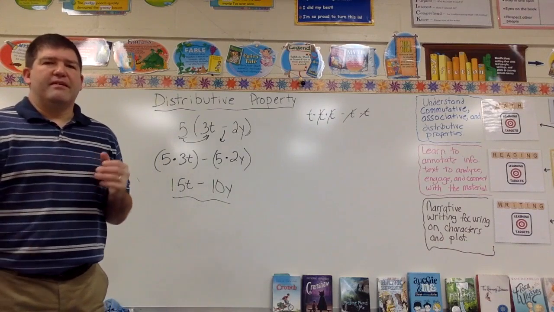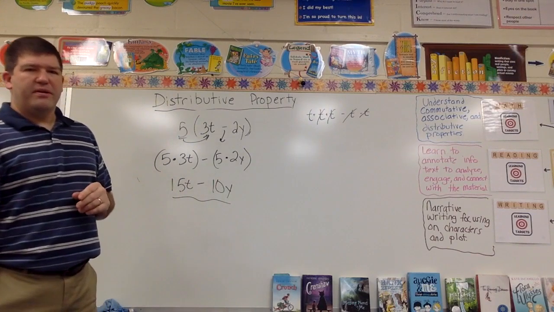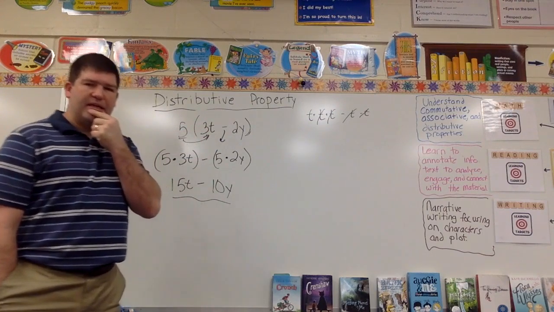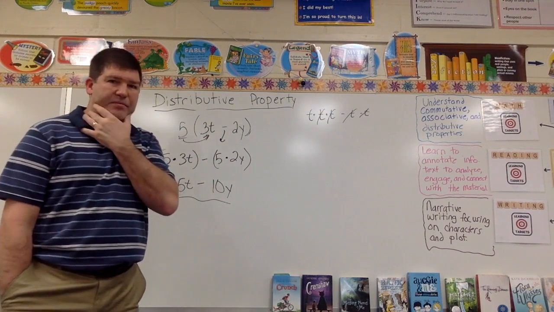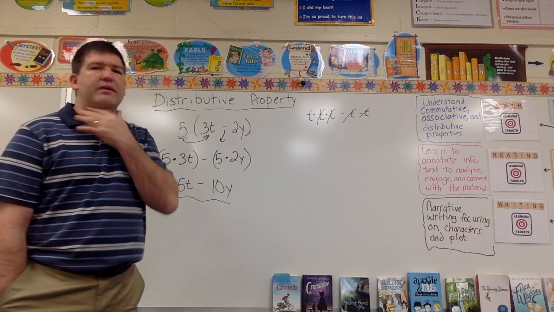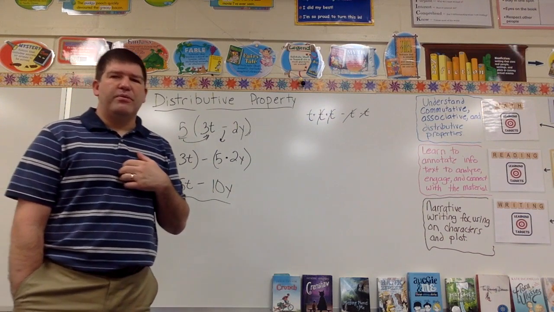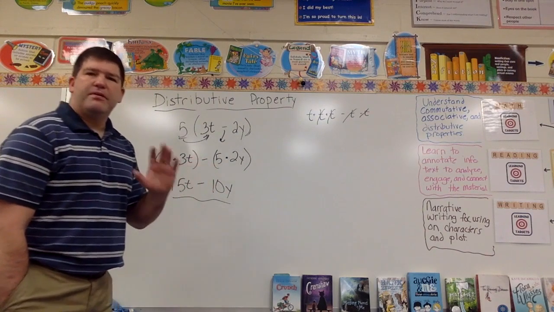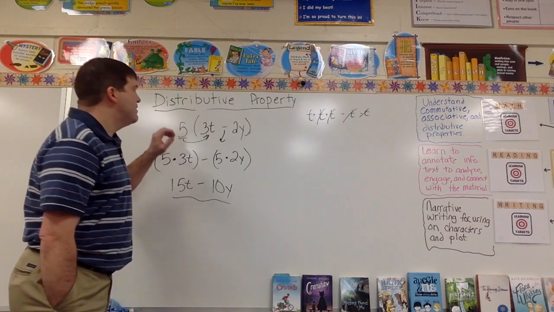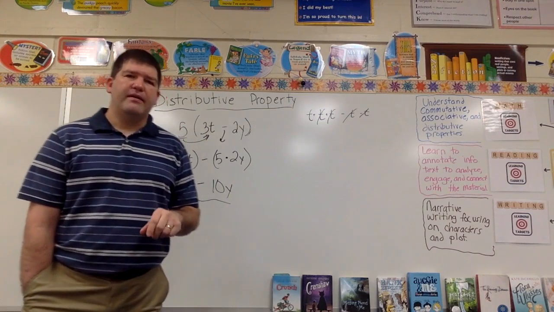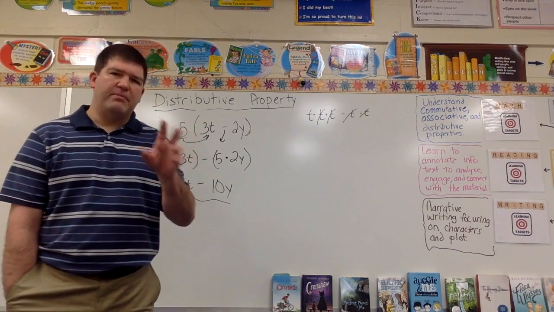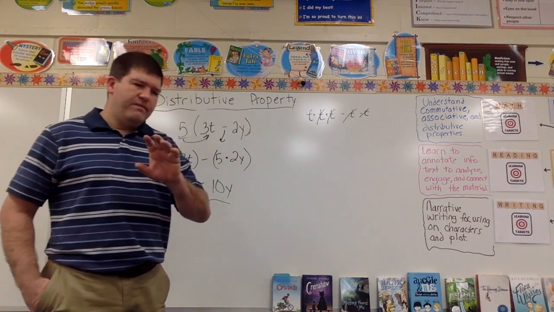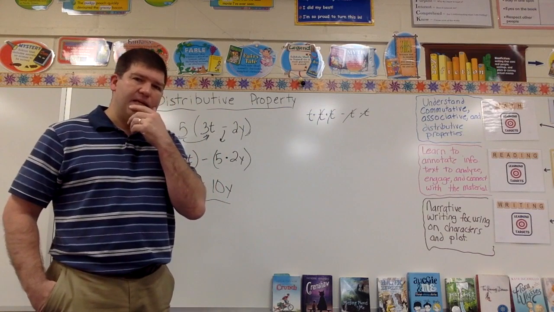Distributive property, it's pretty foundational to algebra. Really important to know how to distribute and what it looks like and what it means and why you can do it. So for your homework, I'd like you to, on a piece of paper, any piece of paper, put on top distributive property and write 2 problems. 2 problems, one with no variable, okay?